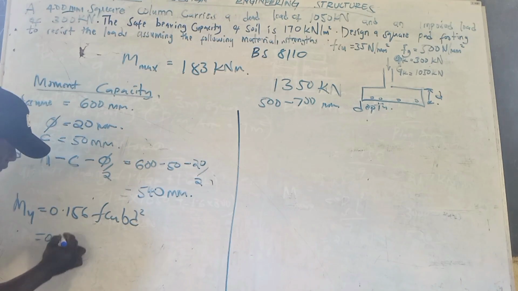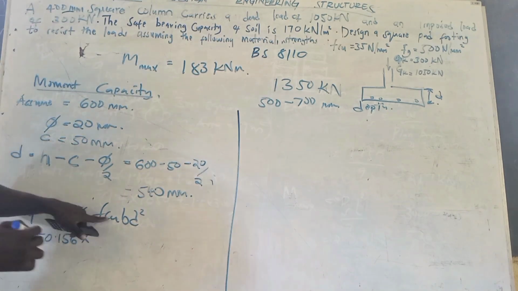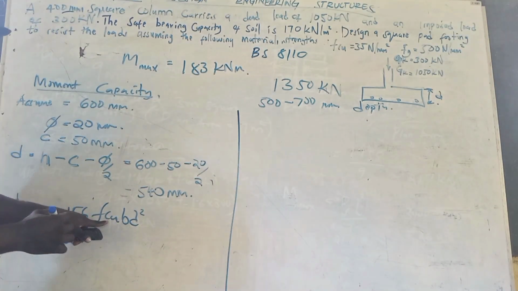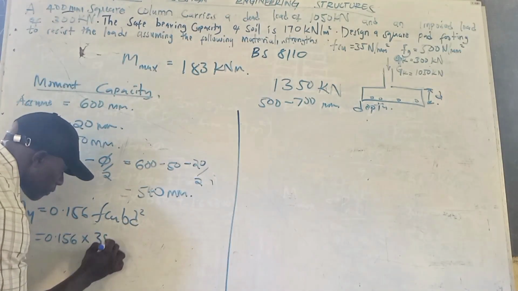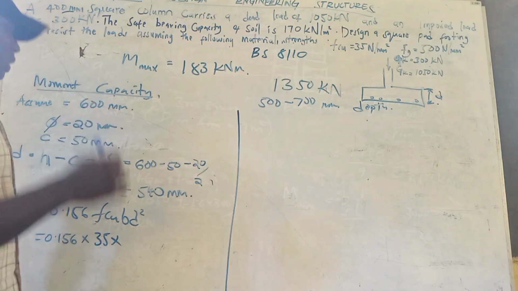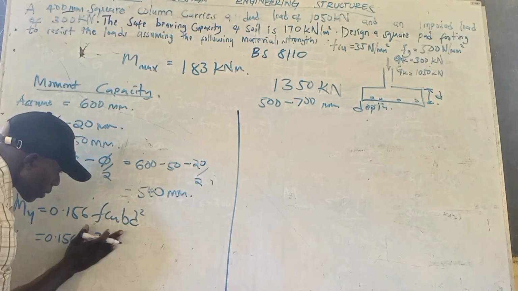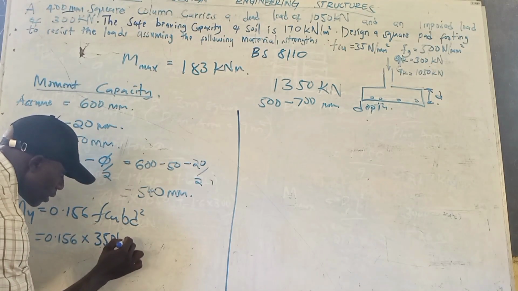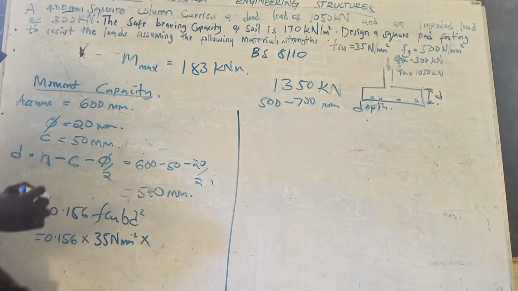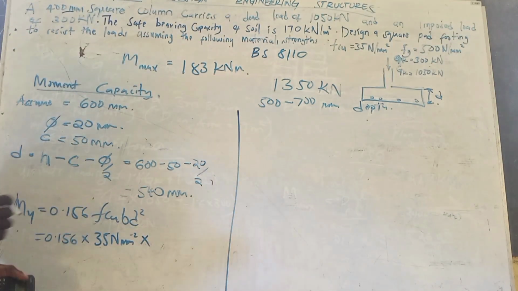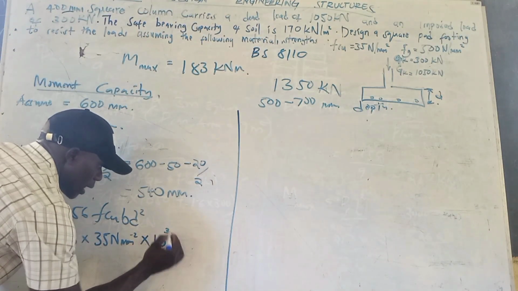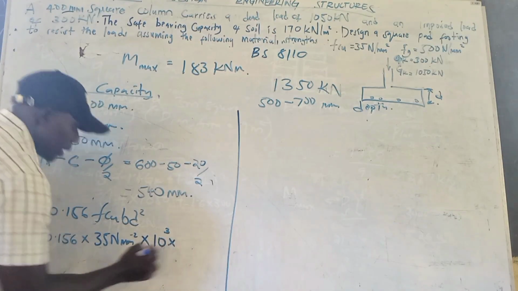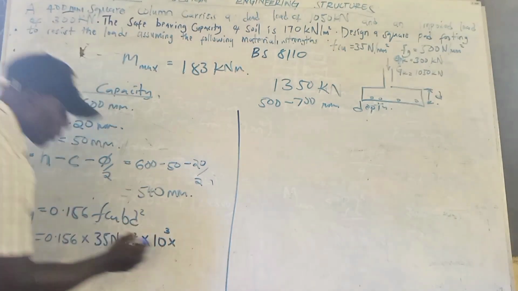So 0.156 times the concrete strength of 35 Newton per millimeter squared, by the breadth, which in this case we're working with a meter, by the effective depth squared.